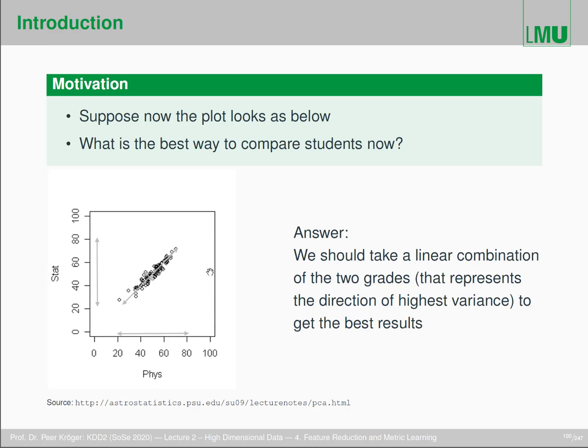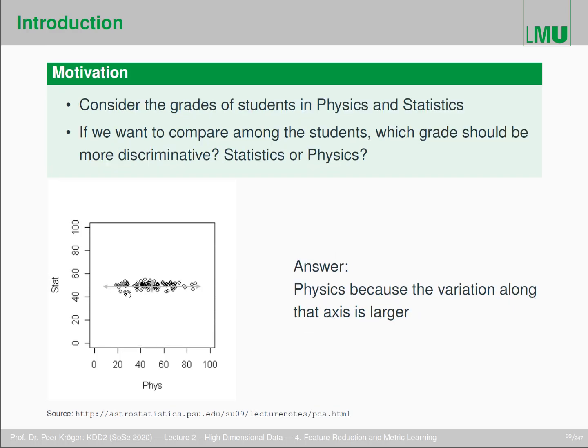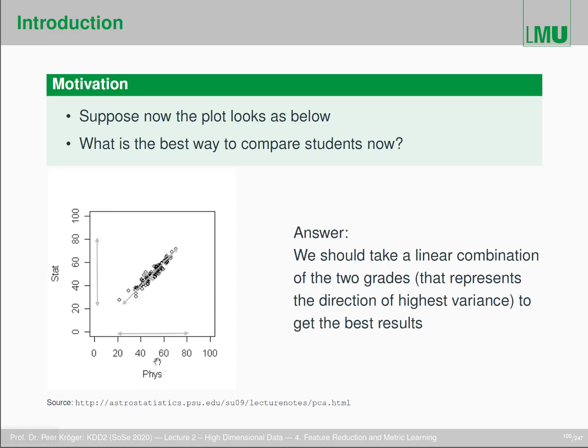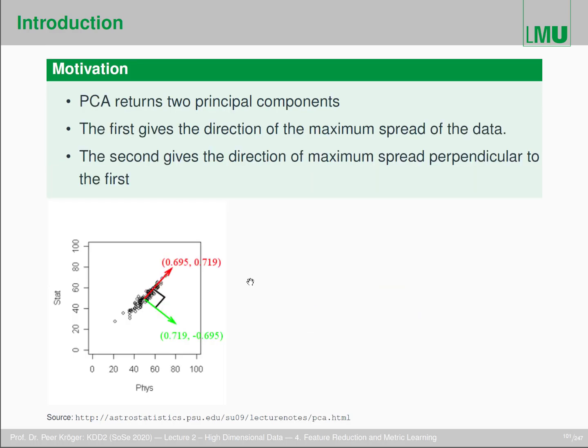If we want to do the same game as before, where we took the feature with the highest variance, here the two original features have the same variance, but we could derive a new feature, which is a linear combination of the original features, that provides the highest variance. This would be the best direction to get the most significant results, because the variation is highest. And that's actually the idea of PCA.